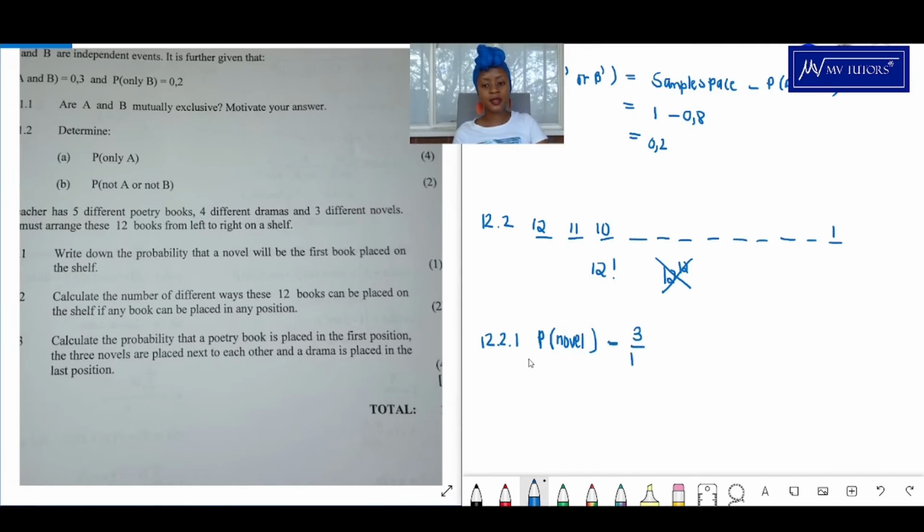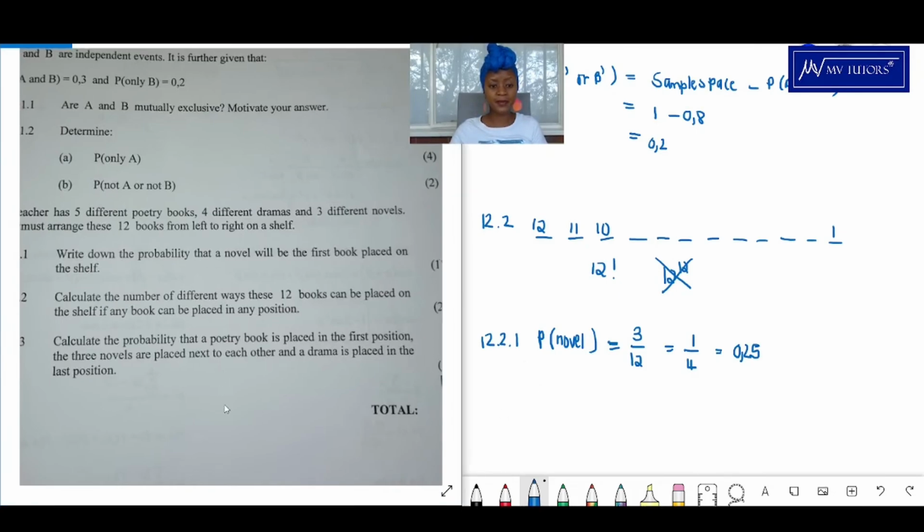Novel is just 3 of them. So the probability that a novel will be the first book placed on the shelf is 3 over 12, which is like a quarter, or 0.25. Okay, so that is just the probability, and that's 1 mark. So it really wasn't that deep.